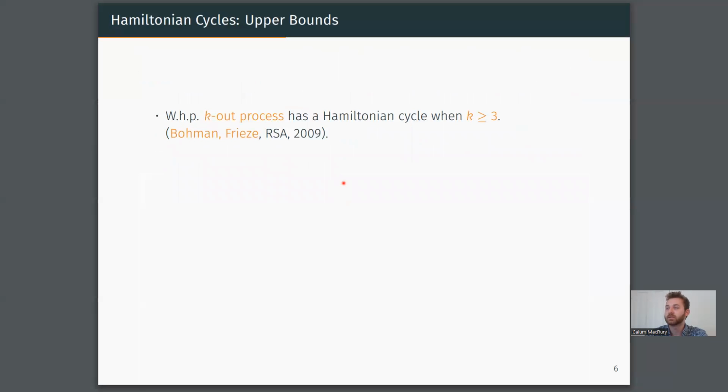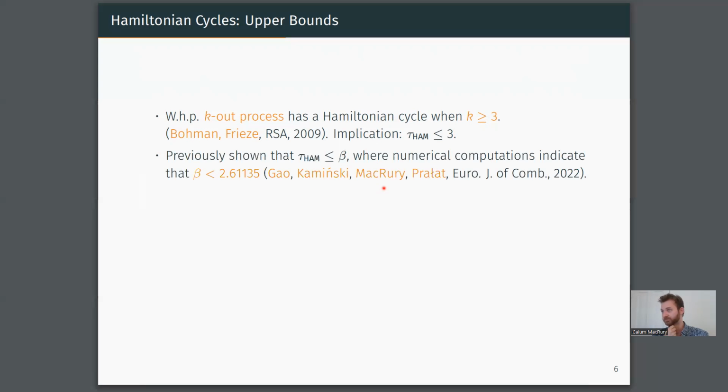Okay, so it's known that with high probability, the k-out process is a Hamiltonian cycle provided k is at least 3. So this immediately implies that the tau parameter we're interested in is at most 3. In a previous work with the same authors, as well as Kaminski, we showed that we can upper bound tau by roughly 2.61.